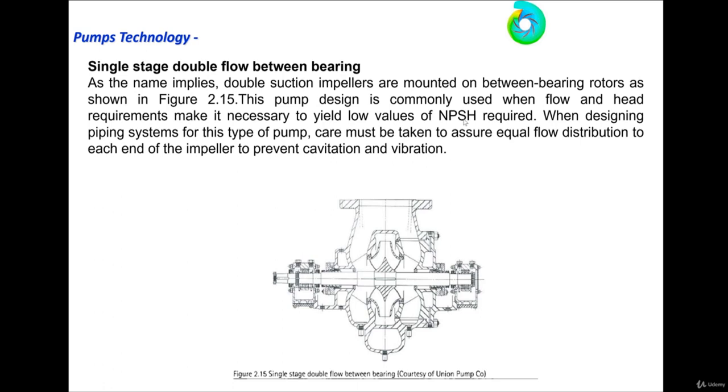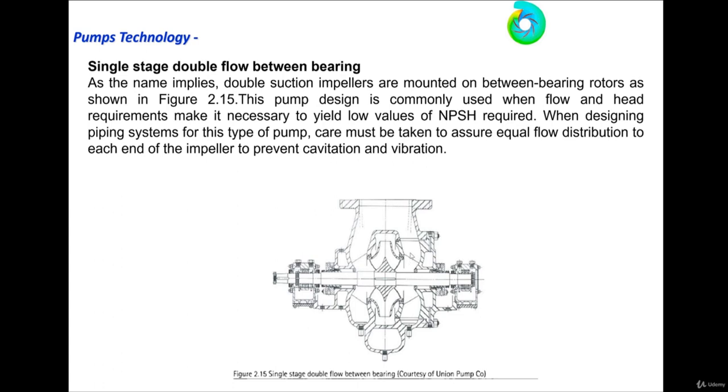There are certain losses inside the pump called pump NPSH, net positive suction head. When designing the piping system for this type of pump, care must be taken to ensure equal flow distribution to each end of the impeller to prevent cavitation and vibration. So the fluid comes from two sides through the impeller, then comes together at the discharge nozzle.